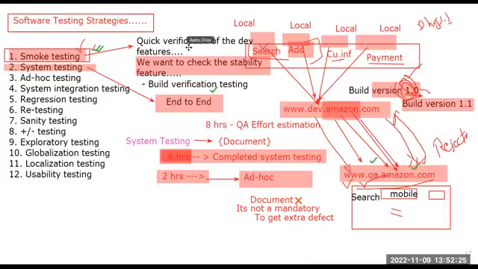Let's say we want to do something. I'm just giving a non-technical example. Let's say we are planning to visit some place, say Mumbai. Why are we visiting?